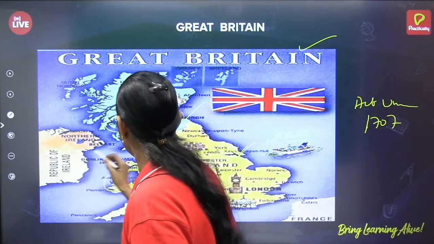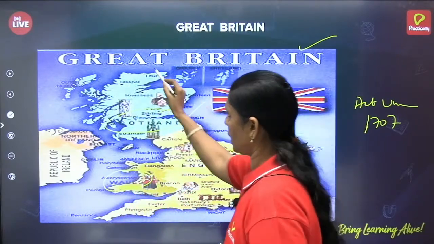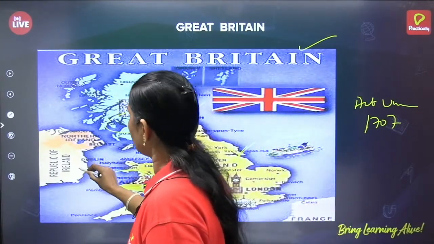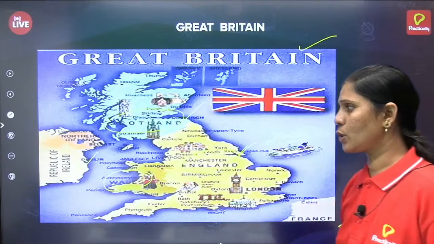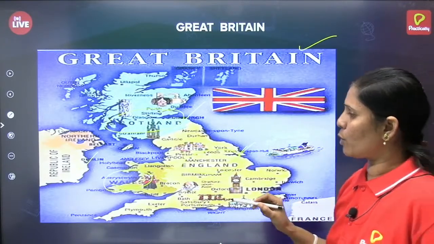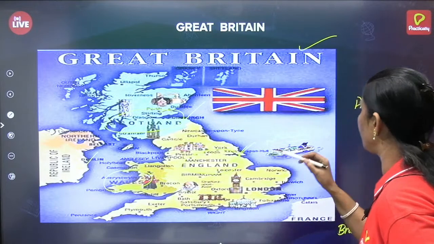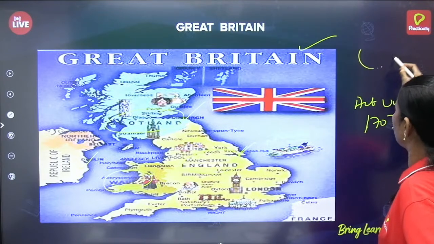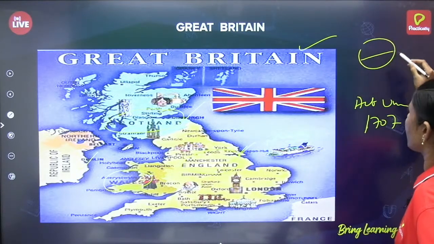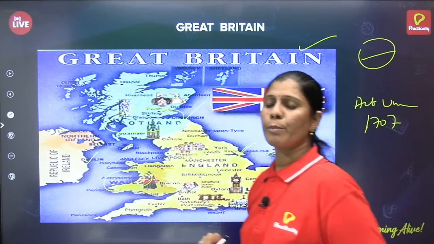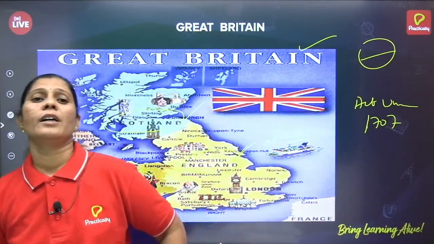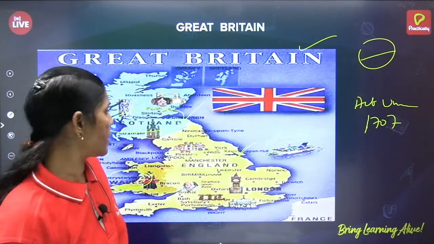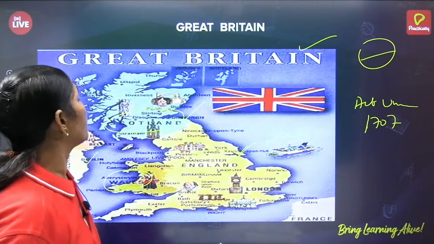Later on, it was called Great Britain. Later, Northern Ireland was also incorporated into Britain, and due to an issue in Ireland between Catholics and Protestants, the Protestants were suppressed and forcibly incorporated into Great Britain.